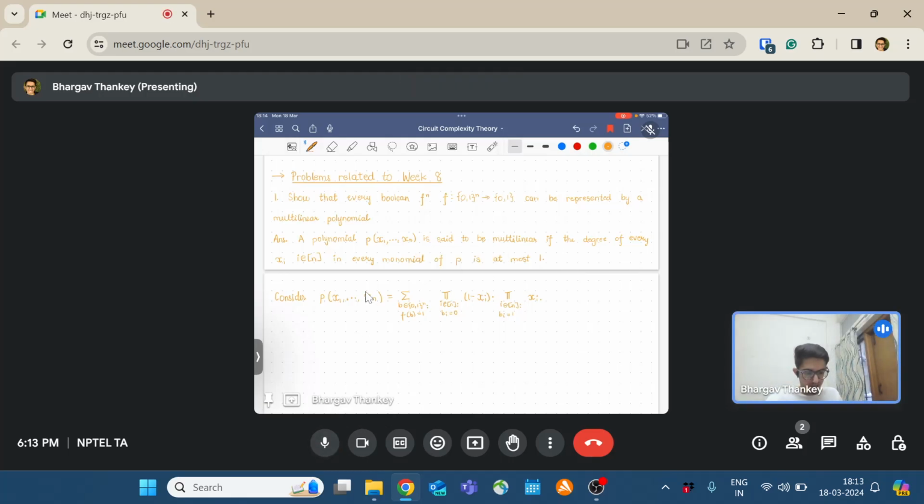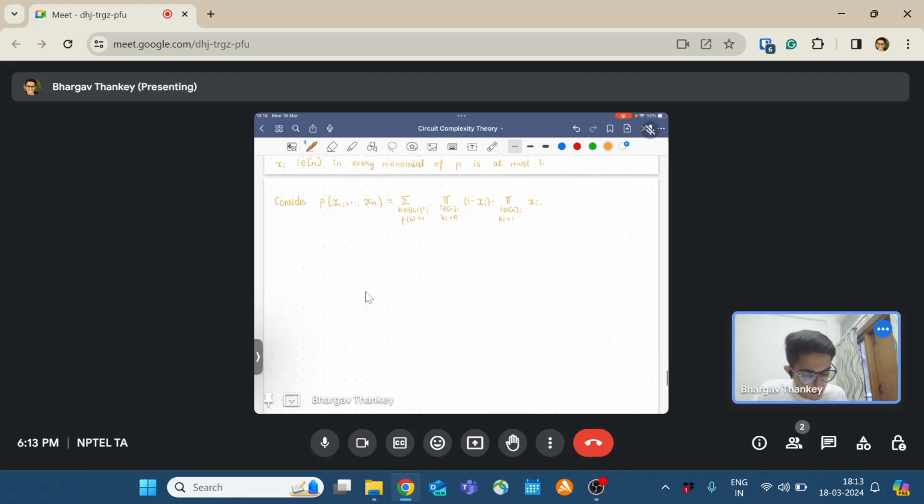This is the polynomial, and what we'll show is that this polynomial represents f.